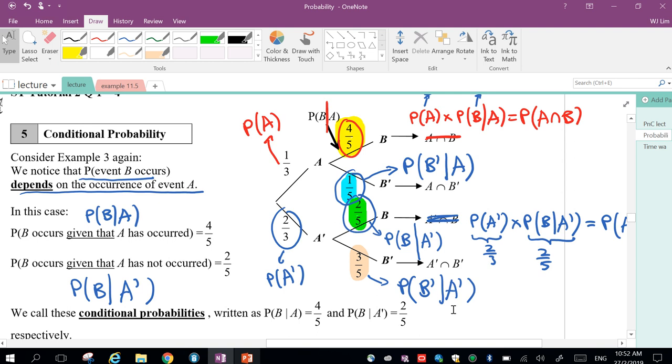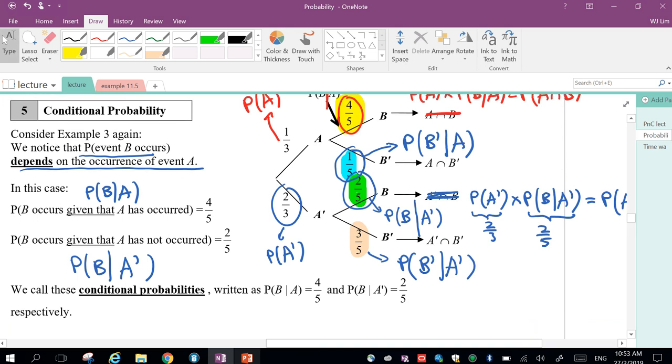Is this clear? So I'm targeting all the second branches, and I call these conditional probability.